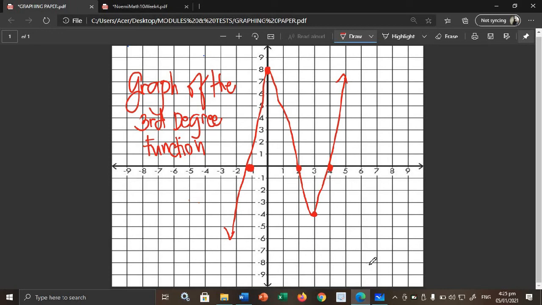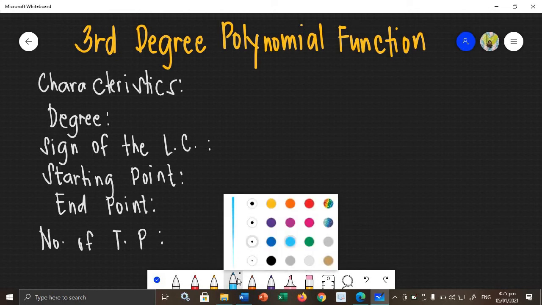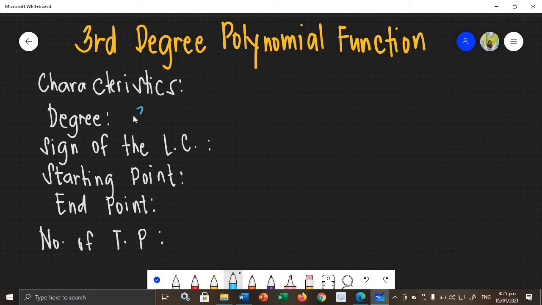So, in this graph, ano ang degree niya? So, this is a third degree graph. Diba? So, this graph is a third degree graph. So, it's either, sa degree, it's either third and fourth lang naman. Kasi yun lang naman yung i-graph natin. Ang sign ng leading coefficient natin, this is according sa given, positive.